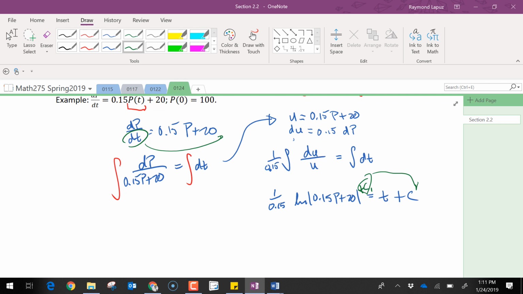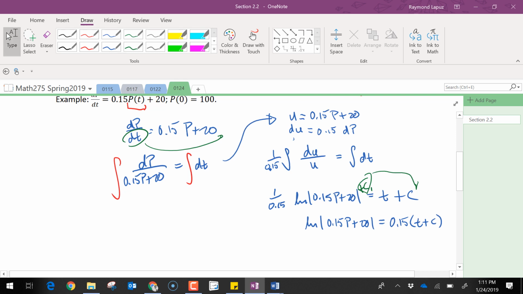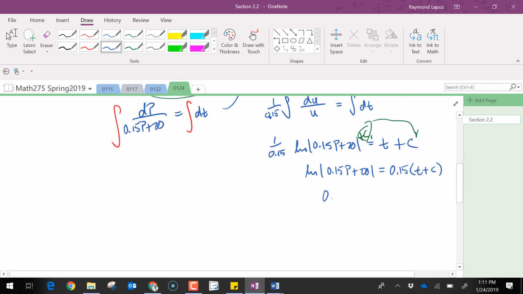All right, so let's solve for p. We can multiply by 15, so this is going to be ln of 0.15 p plus 20 is equal to 0.15 t plus c. And then we'll take the e of both sides. 0.15 p plus 20 is equal to e to the 0.15 t plus c.